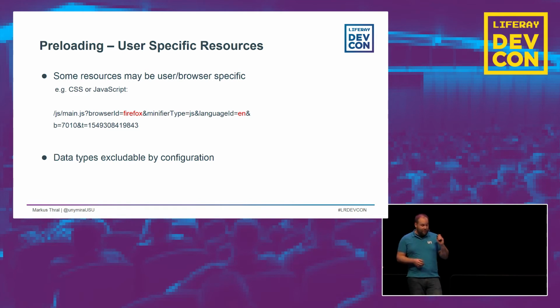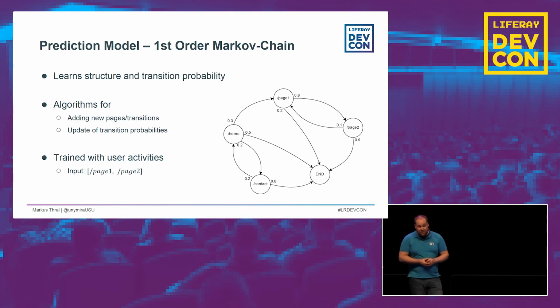Okay, the next topic is the prediction model. Here we use a first-order Markov chain as a base for our model. It could look like this. You have the pages, which are the states of the model, and the transition probabilities between the states. For example, here there's a 50% probability that a user navigates from home to end, which means he's leaving the page.